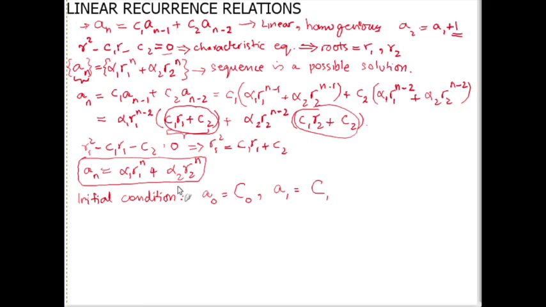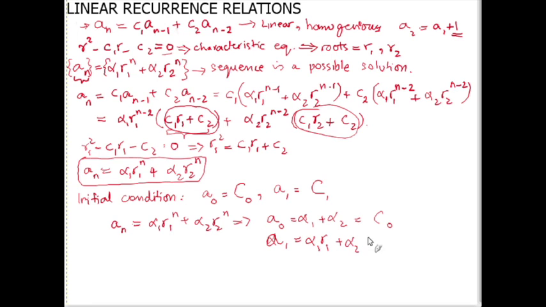So if we do that, our form is an equal to alpha 1 r1 to the n plus alpha 2 r2 to the n, which means a0 is equal to alpha 1 plus alpha 2, which is equal to C0, and a1 is equal to alpha 1 r1 plus alpha 2 r2, which is equal to C1.